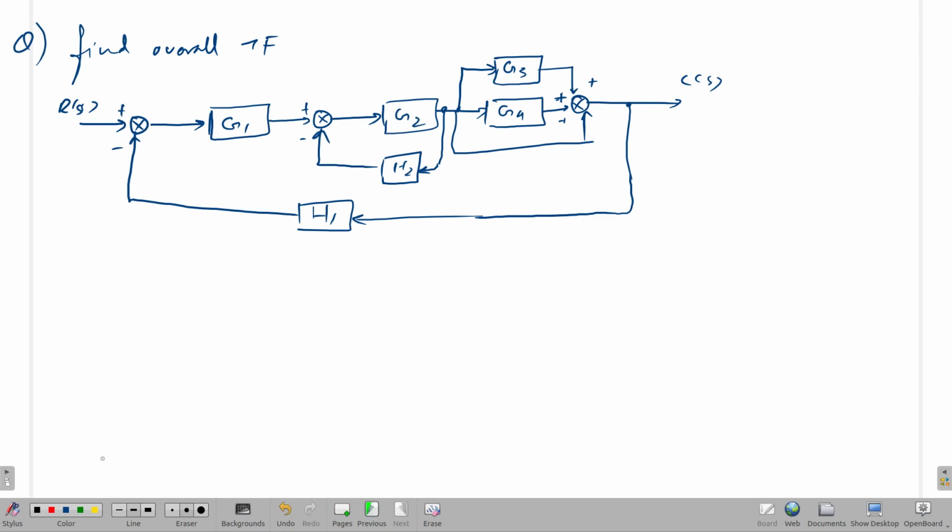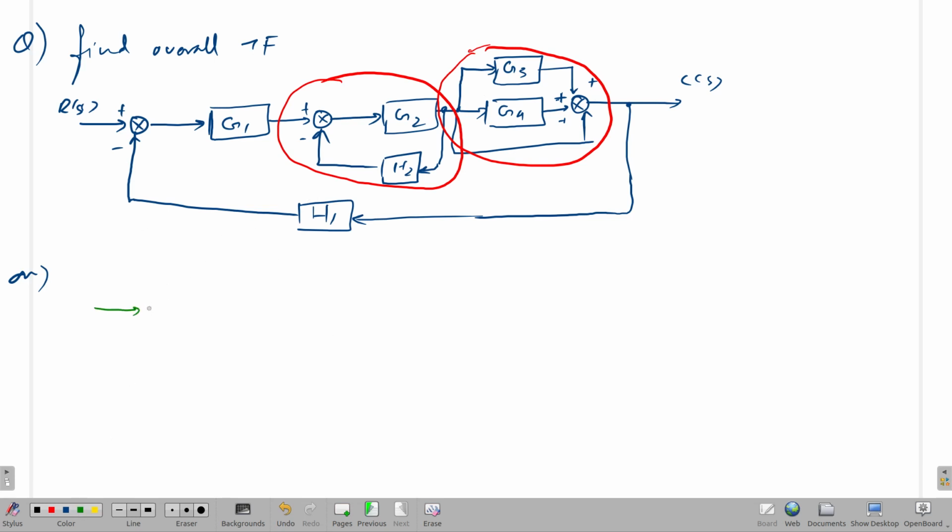So here actually you don't have much to do. All you have to do is combine this and combine this, and finally you can cascade these three and take the feedback of this cascaded thing. So how will the new one look?